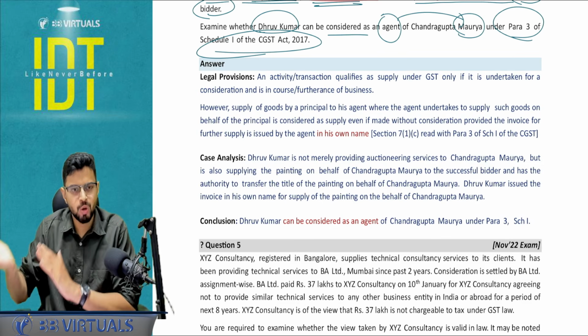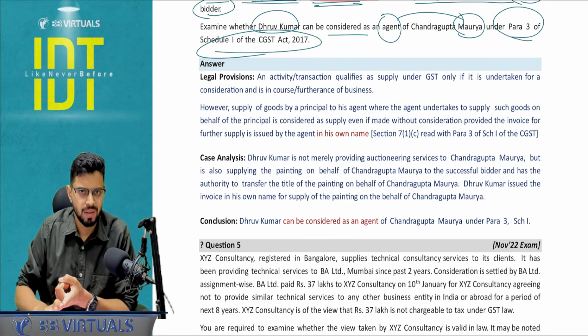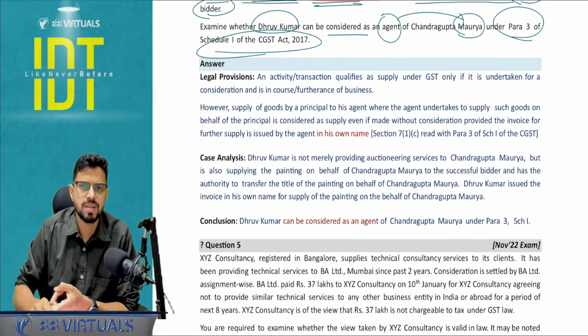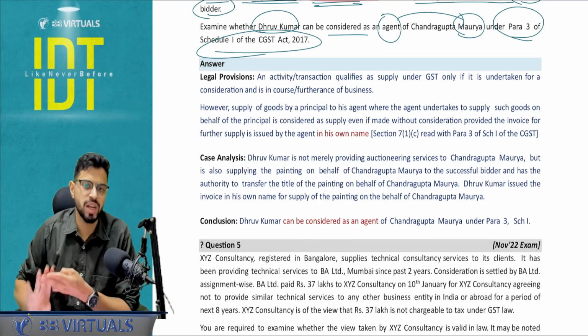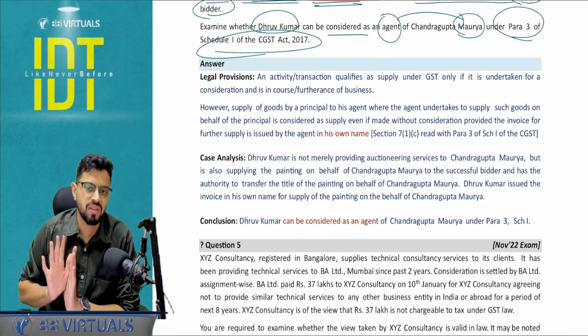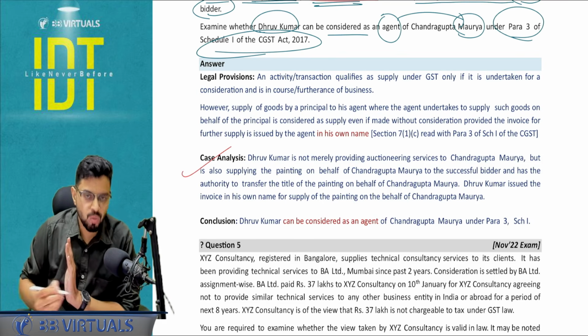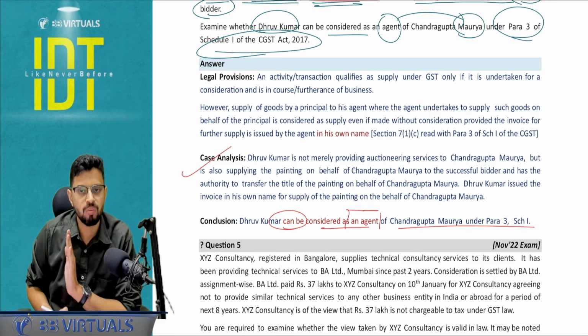Before going to schedule number 1, you will write that for supply, it should involve a consideration. But schedule 1 provides for deemed supply without consideration. Paragraph number 3, invoice test with respect to agent. If invoice issued in own name, it falls under the ambit of paragraph number 3. Current case, you will write the small analysis. Conclusion, Dhruv Kumar can be considered as an agent of Maurya.